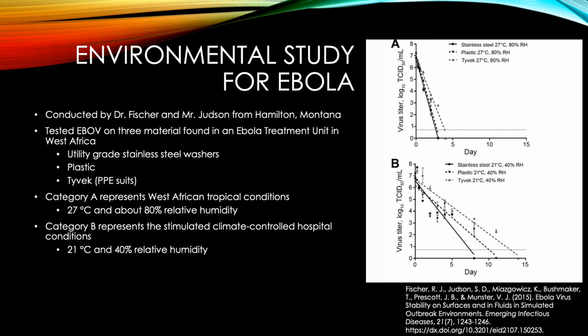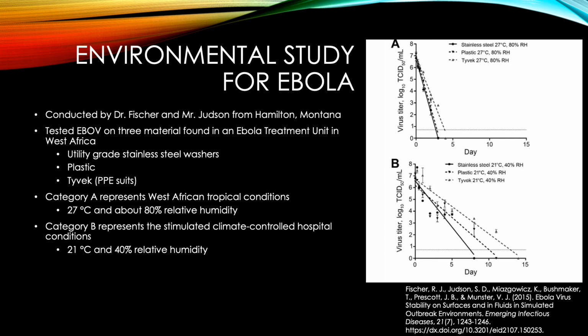They tested utility-grade stainless steel washers, plastic, and Tyvek, which is similar to PPE suits. They tested it in an African tropical condition of 27 degrees Celsius and about 80% relative humidity. However, they also conducted the experiment in a simulated climate-controlled hospital condition of 21 degrees Celsius and 40% relative humidity.